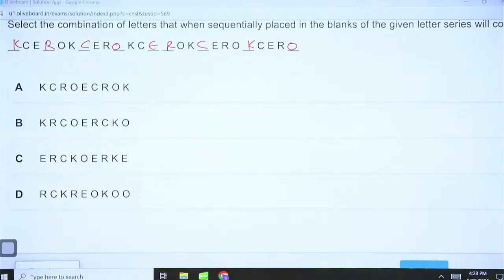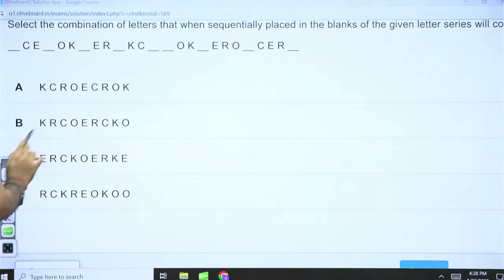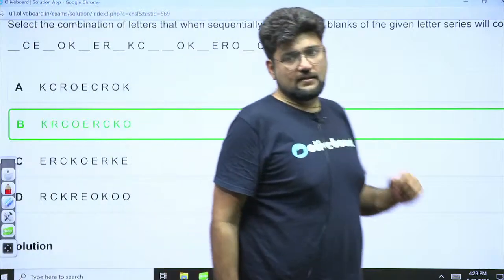ROKCER. Make sense? So KRCOER. KRCOERCKO. Option B is the right answer. Next.